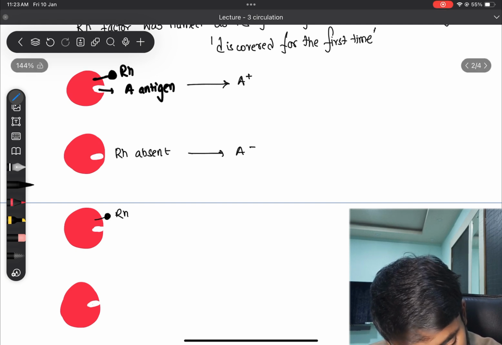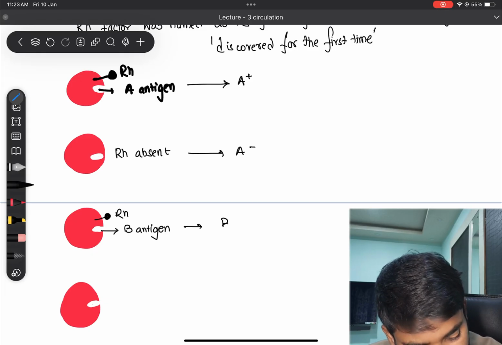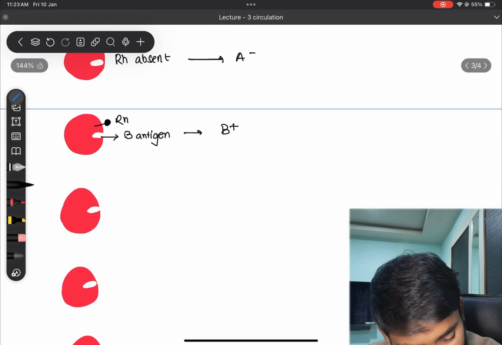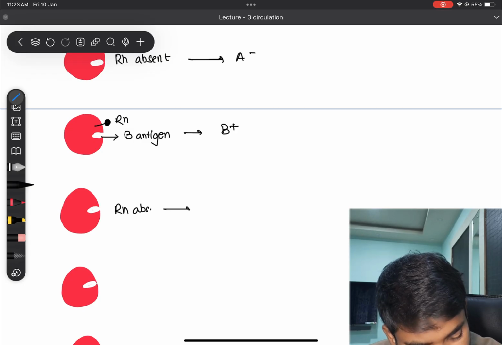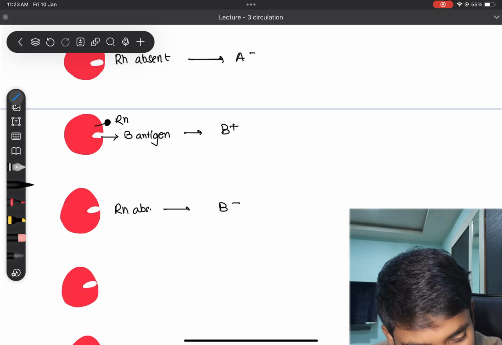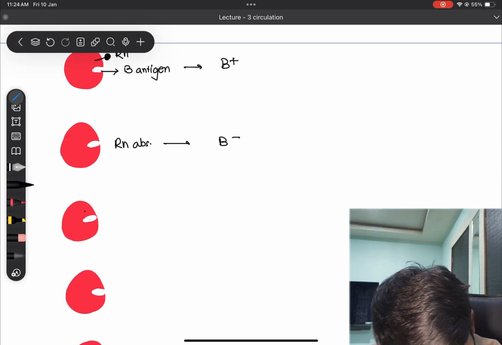Rh present and this is B antigen, so it is B positive. Rh absent but B antigen present, so it is B negative.